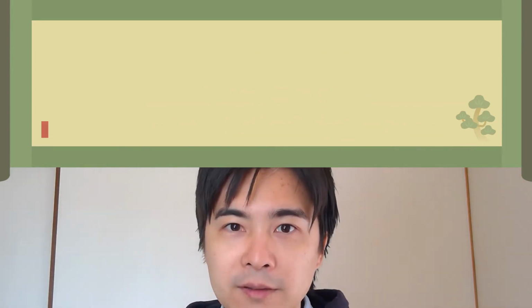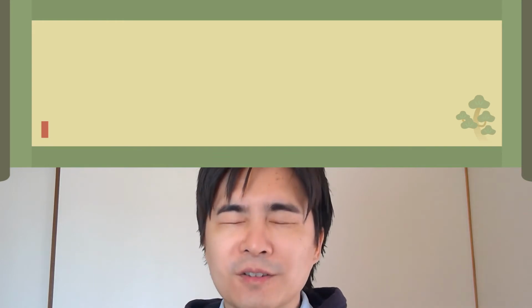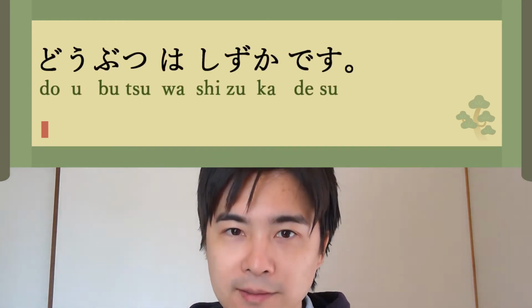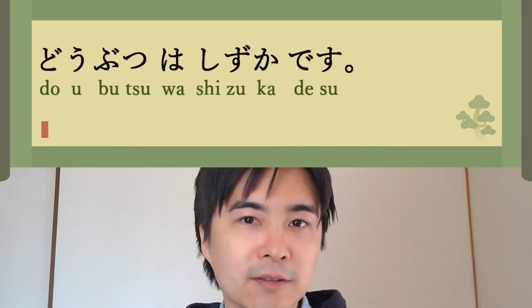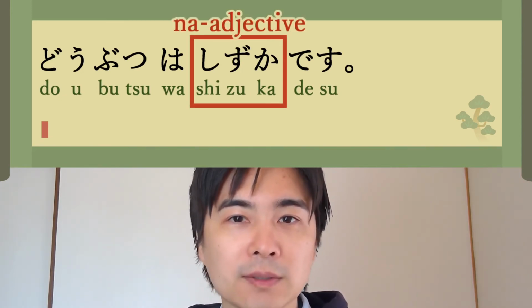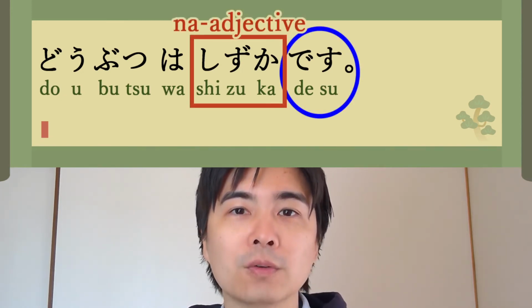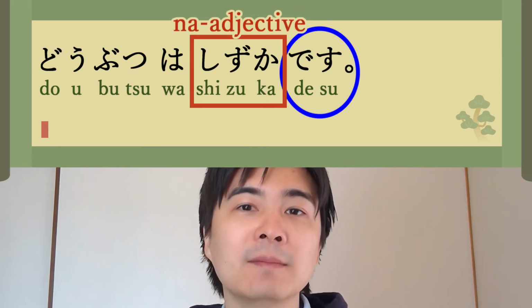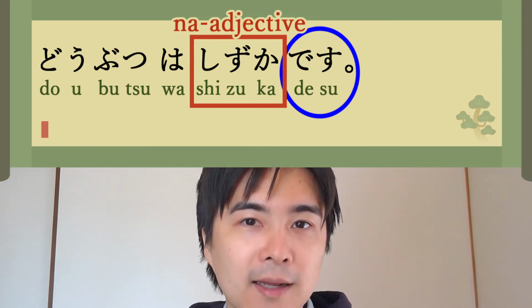Animals are quiet is 動物は静かです。The last character na is removed from the na-adjective 静かな because this follows it. So 静かな becomes 静か.